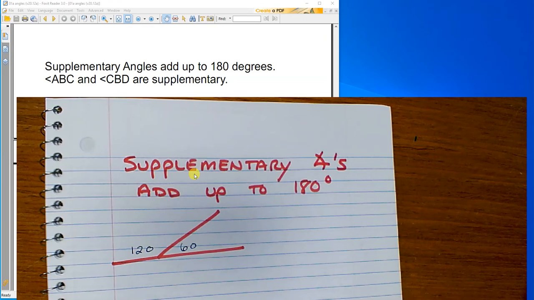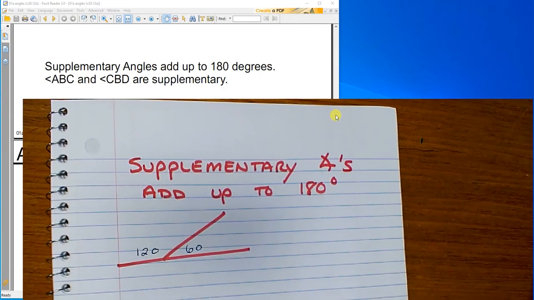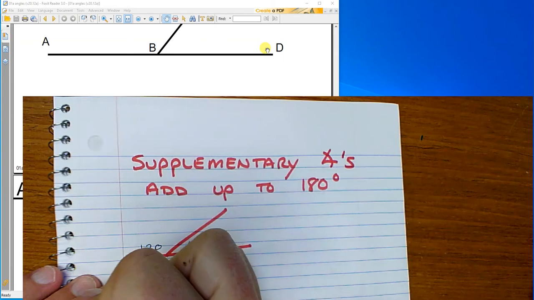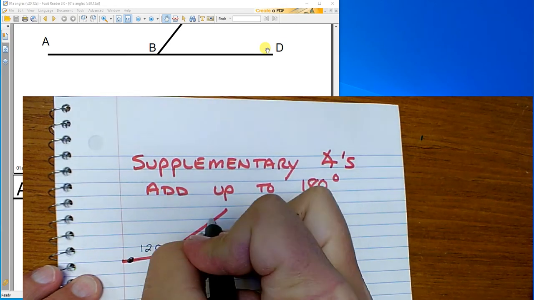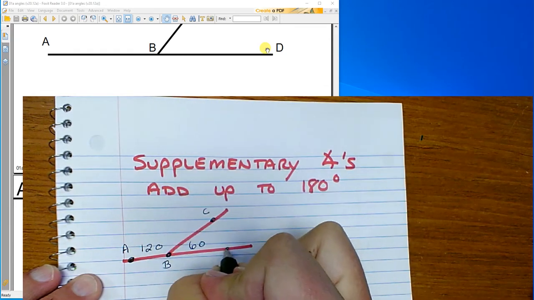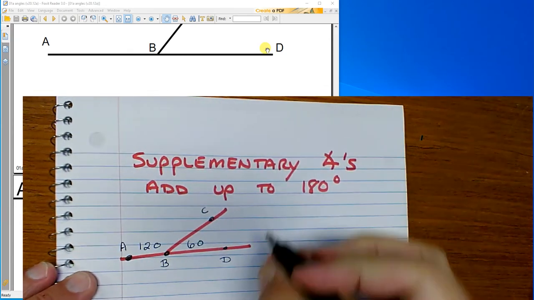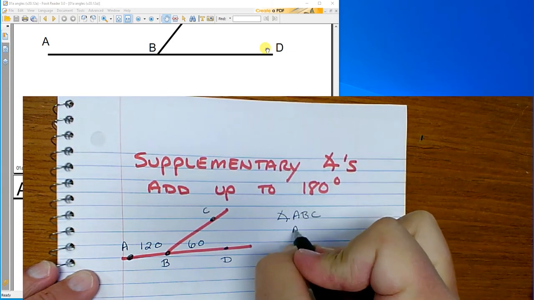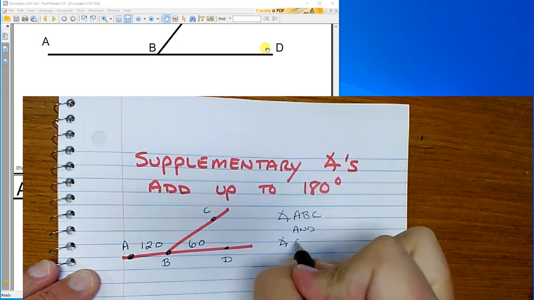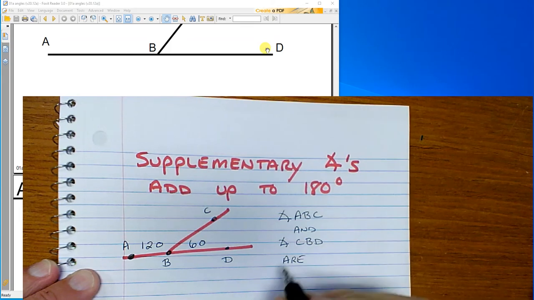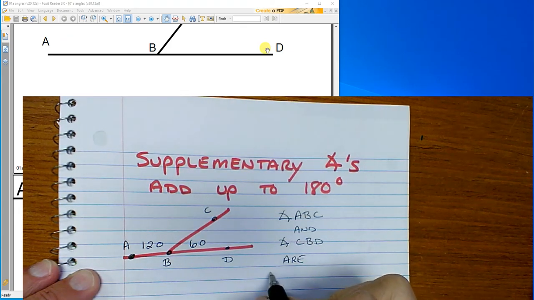So these two angles, A, B, C, D. Angle ABC and angle CBD are supplementary, or supplements.